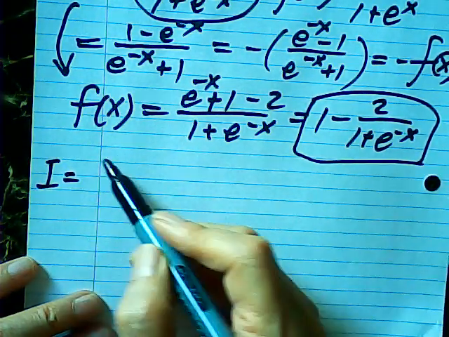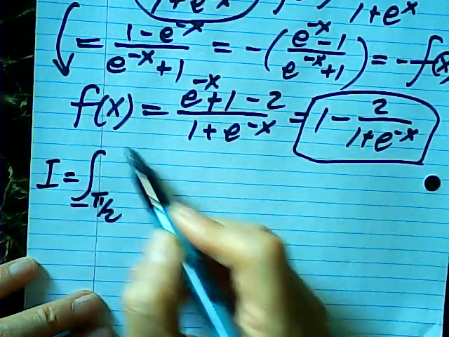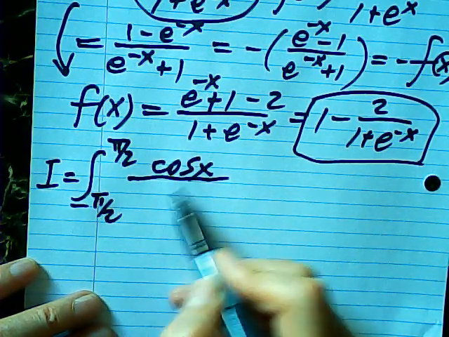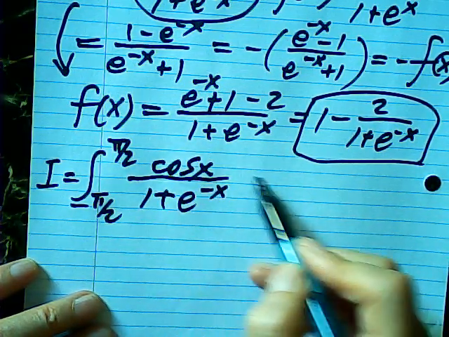is equal to the integral of cosine x over 1 plus e to the negative x dx, right?